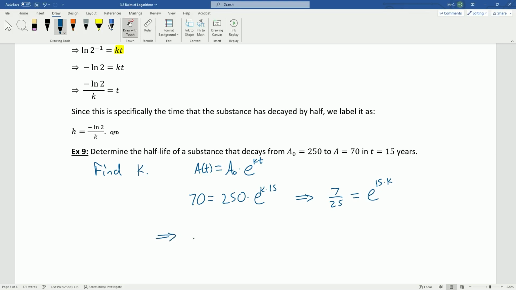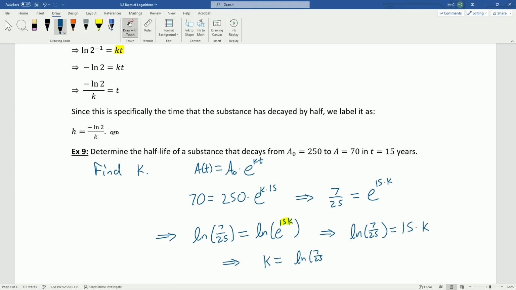Now if I take the natural log of both sides, I get ln of 7 over 25 equals the natural log of E to the 15K. But the natural log of E to the 15K is just 15K. So this tells me that ln of 7 over 25 equals 15 times K. To solve for K, I just divide by 15. So K equals the natural log of 7 over 25, over 15.